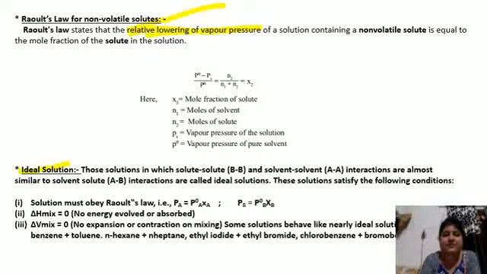Means an ideal solution must follow 3 things. It must obey Raoult's law, and the energy change and volume change are always equal to 0. Now suppose I have taken a solute that is B and the solvent that is A. So there will be two types of interaction. First of all, the attraction between solute-solute or solvent-solvent particles.